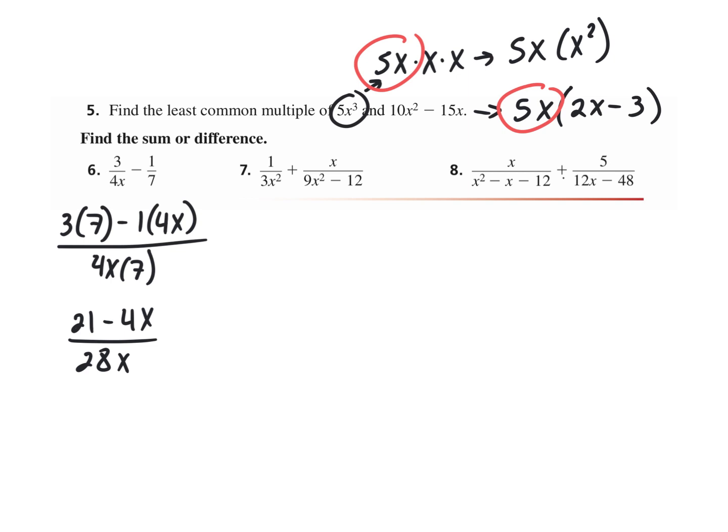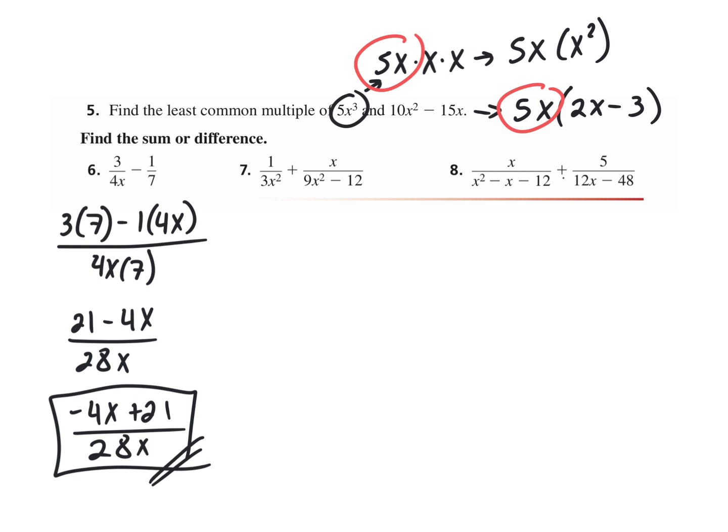I'm going to rearrange this into standard form. So I get negative 4x plus 21 over 28x. Now, there's nothing I can take out from the top to simplify this, neither from the bottom. So this is actually your final answer.